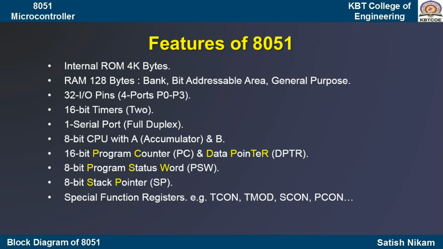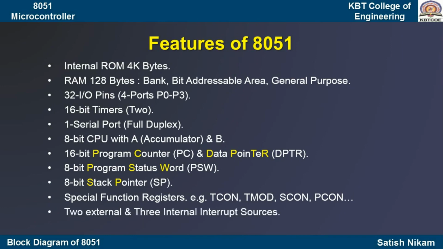There are 2 registers related to the interrupt block: IE, the interrupt enable register, and IP, the interrupt priority register. Then there are 2 registers, SBUF, the serial buffer register, and SCON, which are completely related to serial communication.